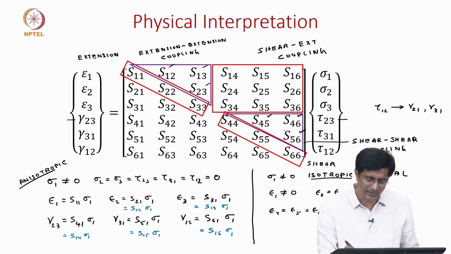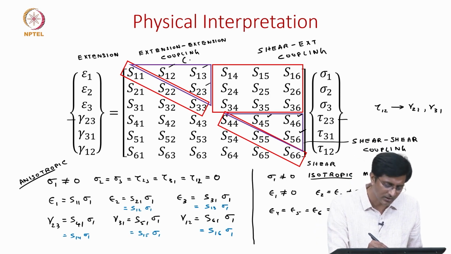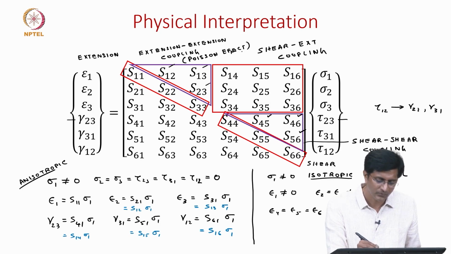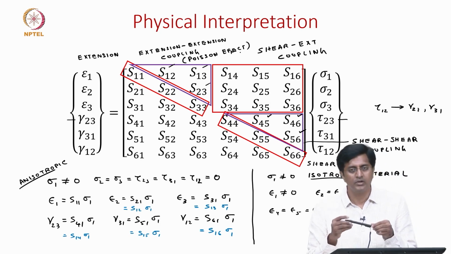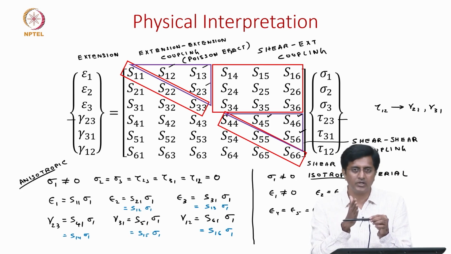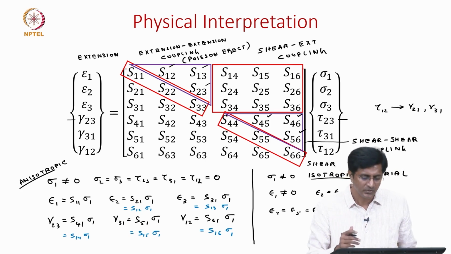But of these two small triangles, the top triangle brings in the extension coupling, which we can also call the Poisson effect, where if we apply a normal load in one direction, we look at the corresponding strains in the transverse directions.